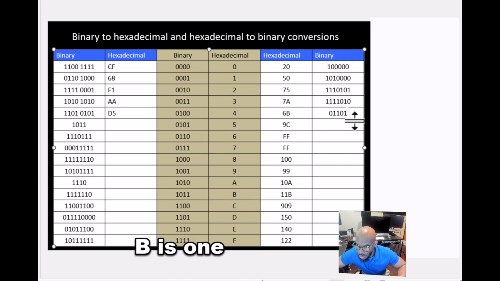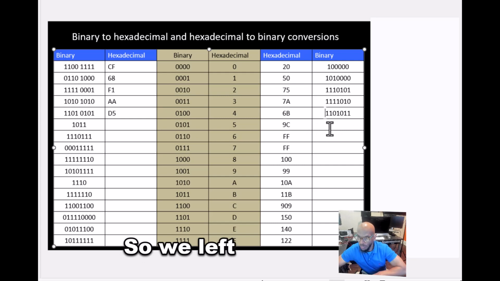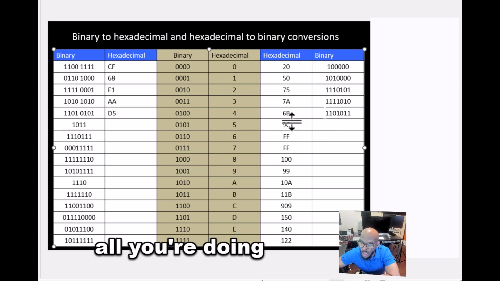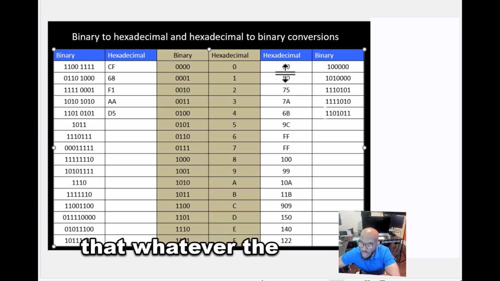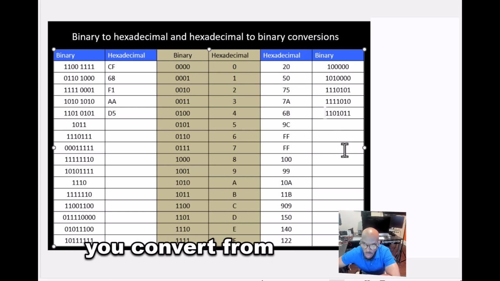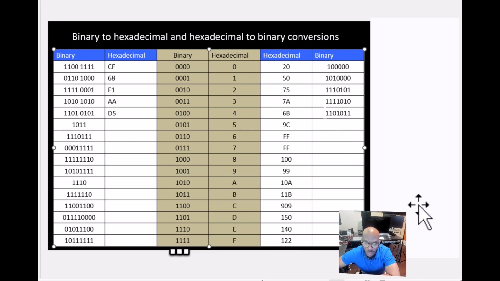B is 1011. And again, you don't have to put that 0 right there. So we left the rest of them as an exercise for you to do. But all you're doing is finding the hexadecimal digit, then writing the 4-bit binary equivalent to go along with it. And that's how you convert from hexadecimal to binary.